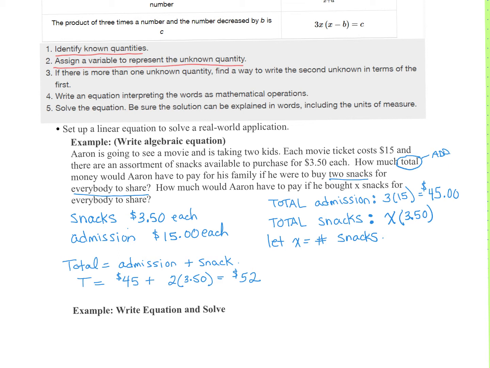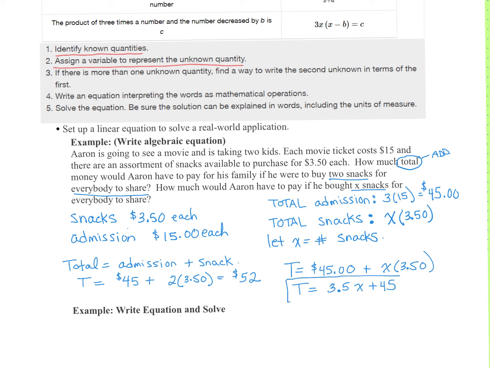If we're going to answer the second question, if he bought X snacks, then we're going to say his total admission is $45, and X snacks times $3.50. So we would probably write this as 3.5x plus 45.